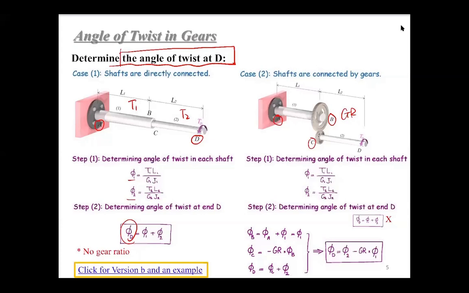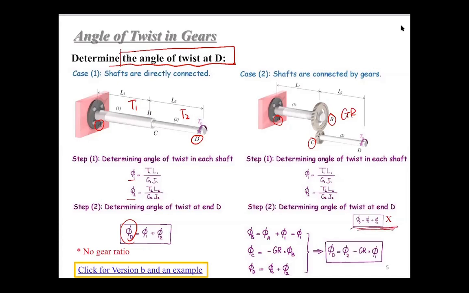Then one torque is added to point D, and you're requested to determine the angle of twist at point D. Of course, you can determine the internal torques T1 and T2, then determine phi 1 and phi 2. But here, because of the gears, you cannot calculate phi D from phi 1 plus phi 2.